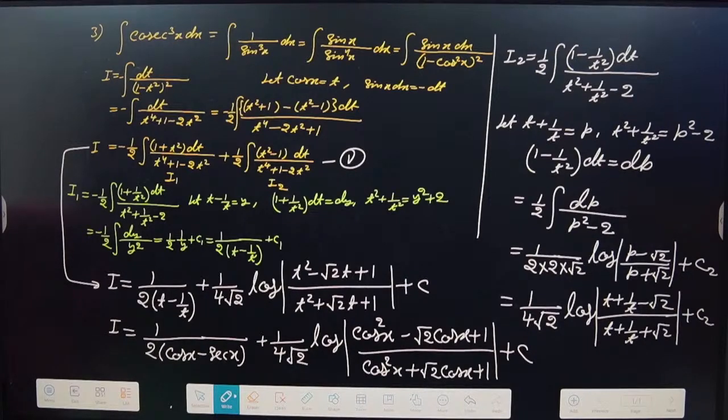Okay, is it also clear? If anyone faces any doubt at any step, then comment it.